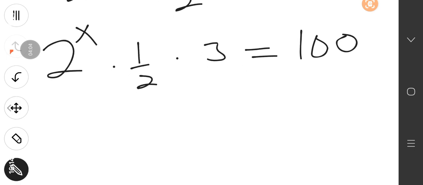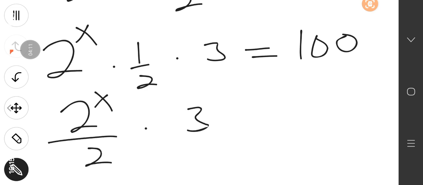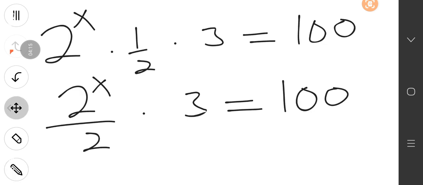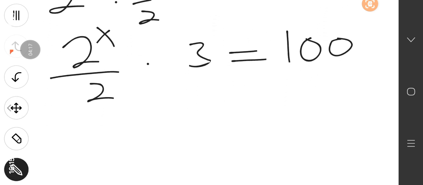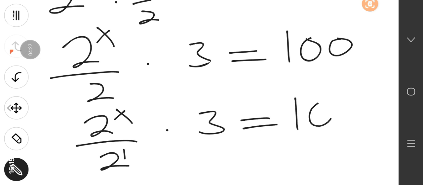Now, this will give us 2 exponent x over 2 times 3 equals 100. Now, we know that any number has a power of 1. So this can be written as 2 exponent x over 2 exponent 1, times 3 equals 100.